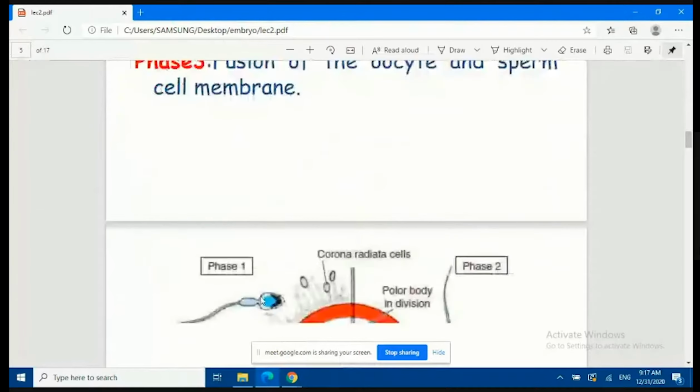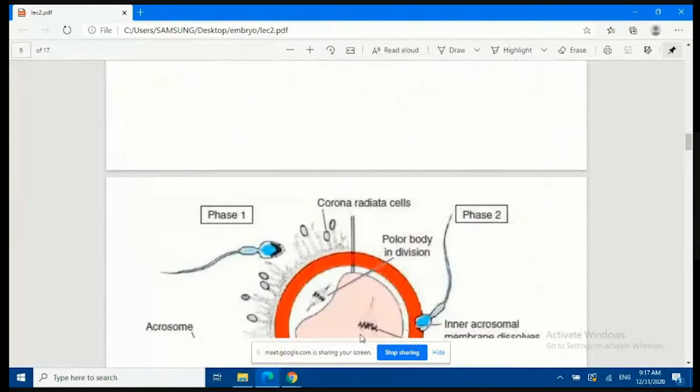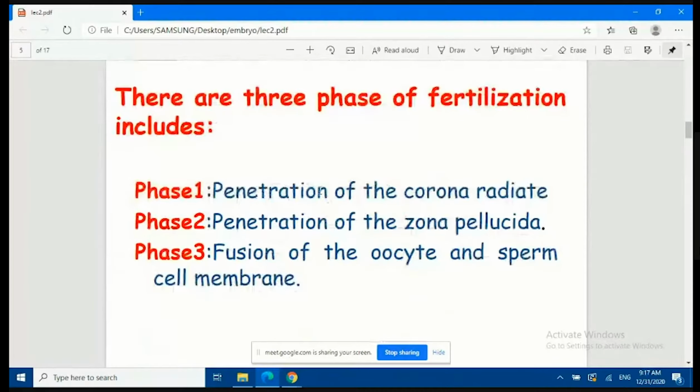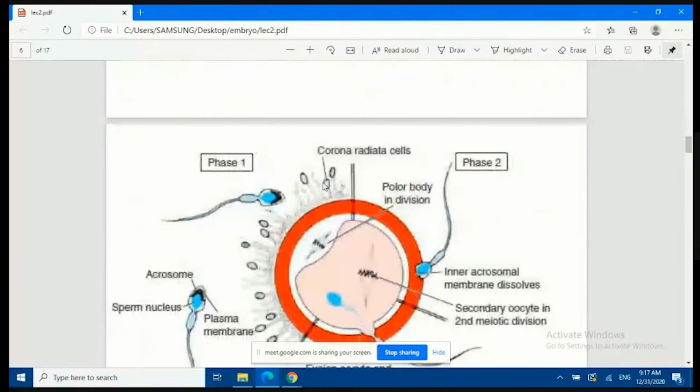These layers need to be penetrated in order to reach the chromosomes of the oocyte inside the mature ovum. So first of all, the penetration of the corona radiata, which is some cells that surround the zona pellucida.